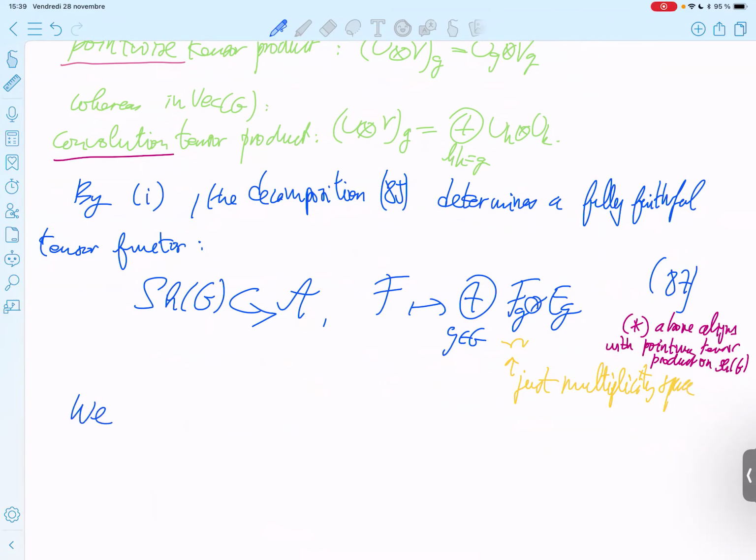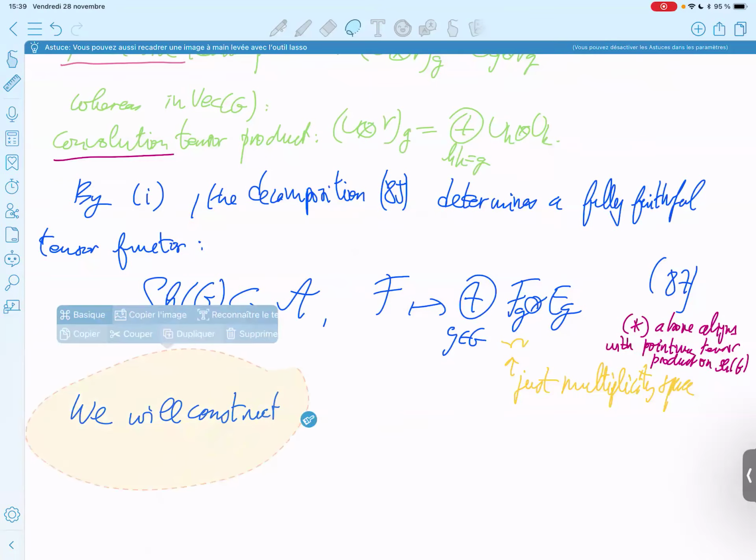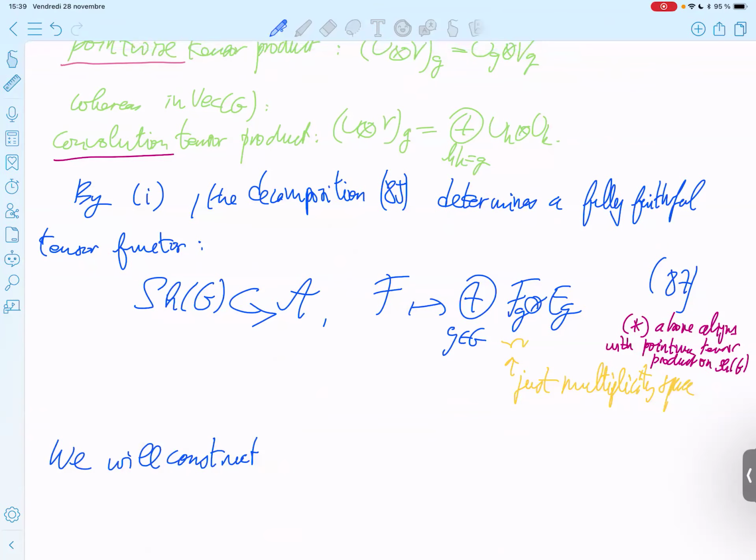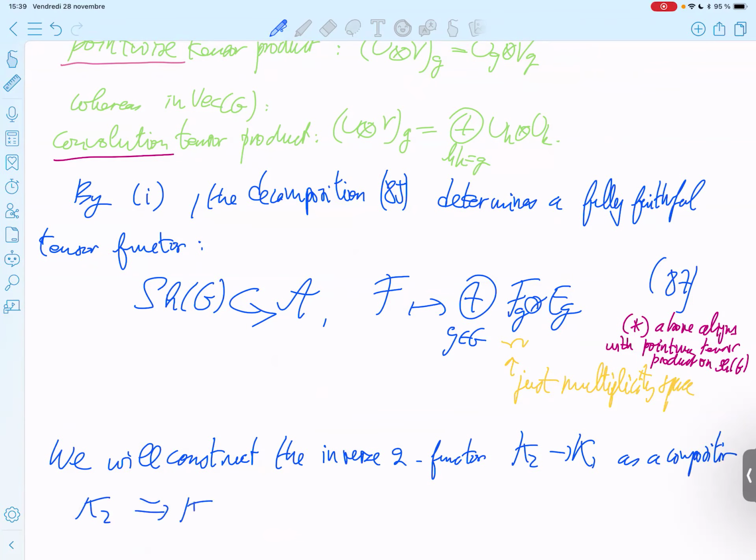So we will construct the inverse two functors from K2 to K1 as a composition K2, K3, K1.